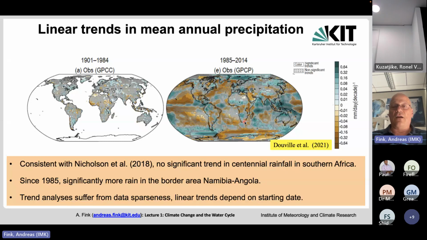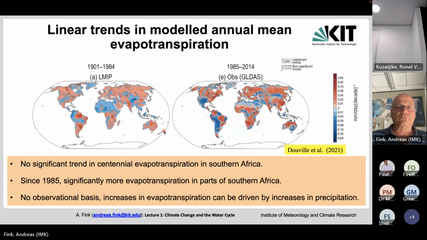Keep in mind, all this trend analysis suffers from the data sparseness I alluded to before. And the linear trend is strongly depending on your start date. So if you would change the start date, you might see different patterns.